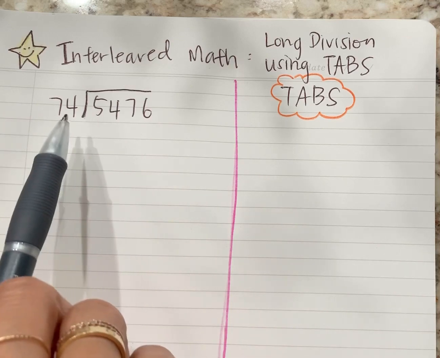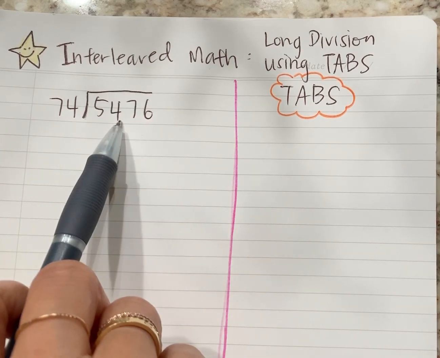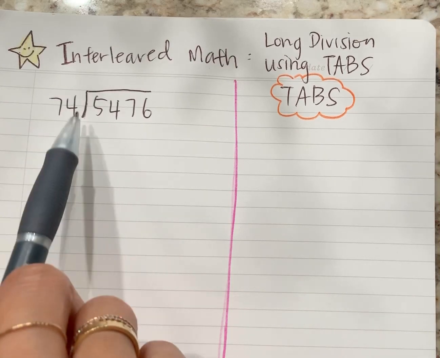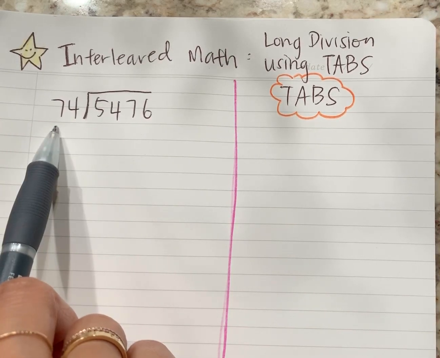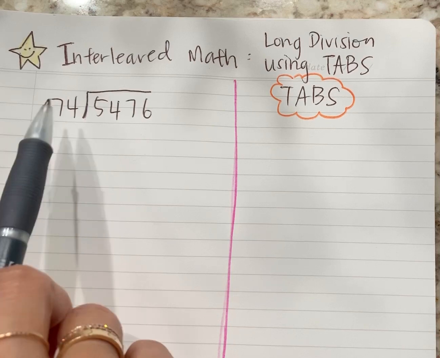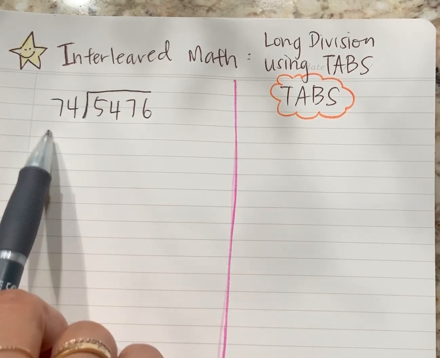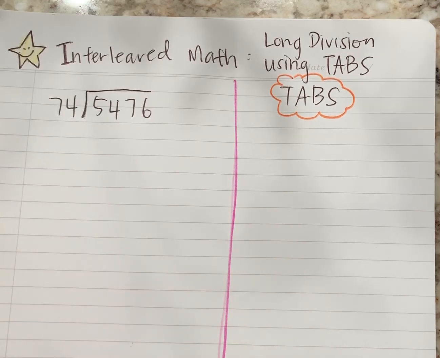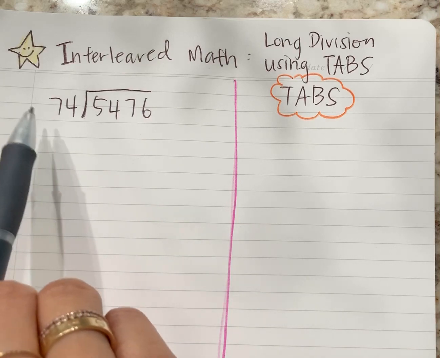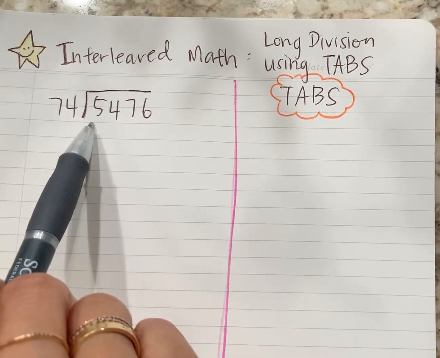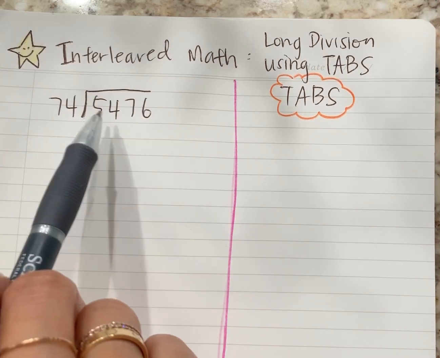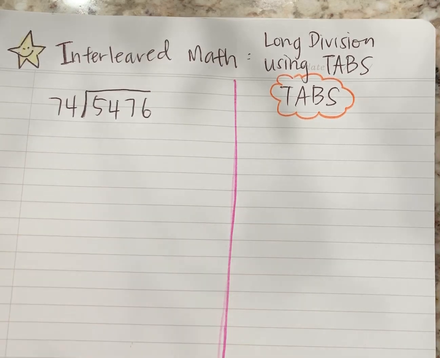Again, our problem says 5,476 divided by 74. So when we're using tabs, we're going to be using this divisor over and over and over again, because it's how many times can 74 basically fit into 5,476.